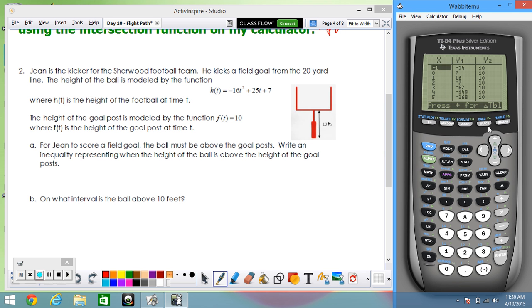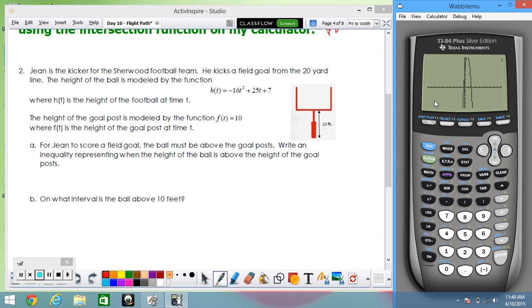Ooh. All right. I don't see anything. Well, I kind of do. Here's the line. I can see it goes through. So let's change my Y max just a little bit. Window, because if it's 10 feet high, I probably might want to make that like 15. All right, here we go.